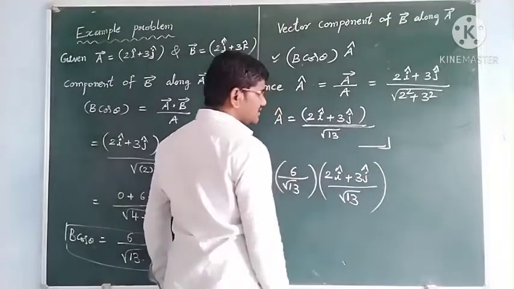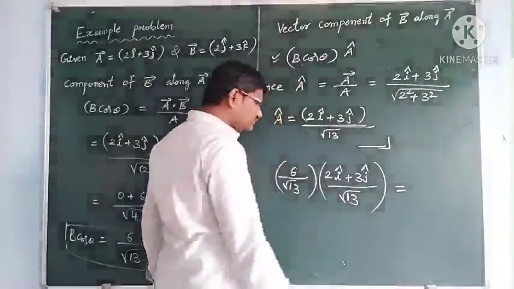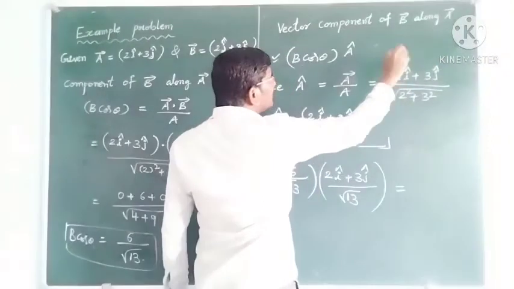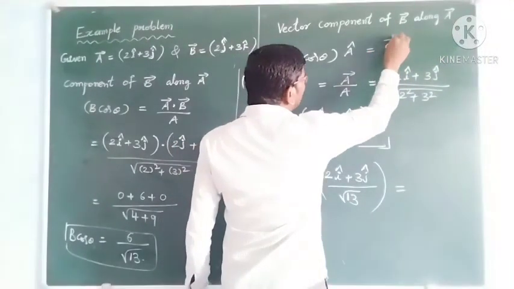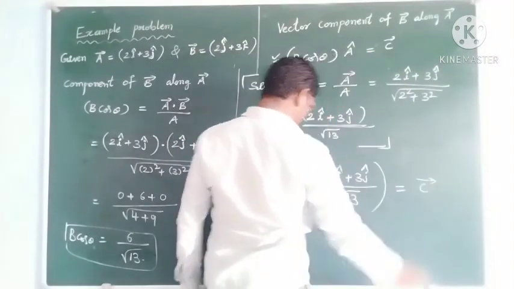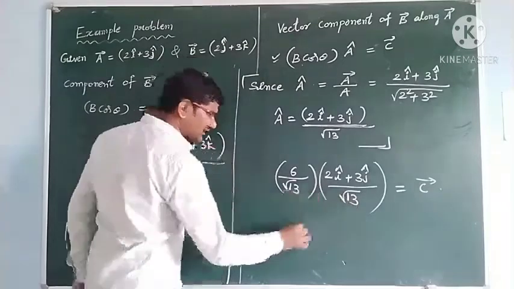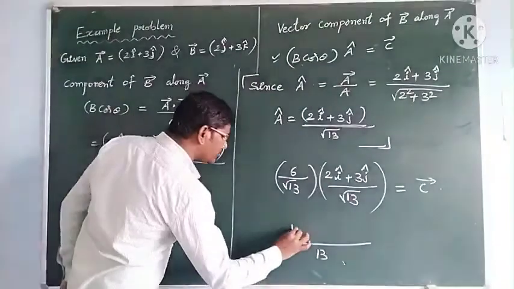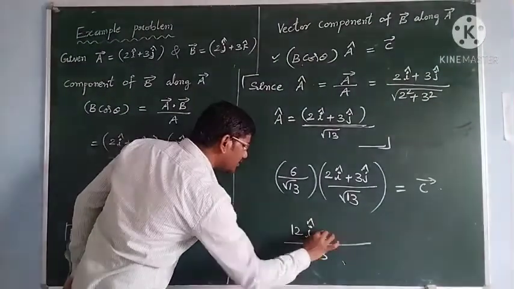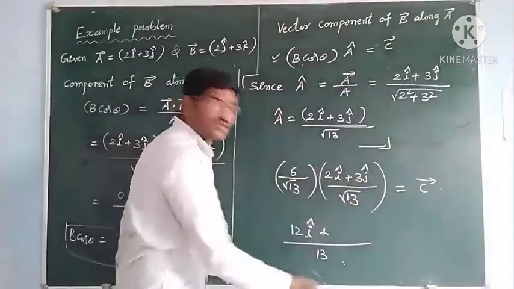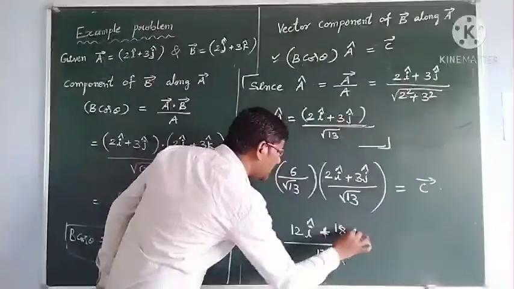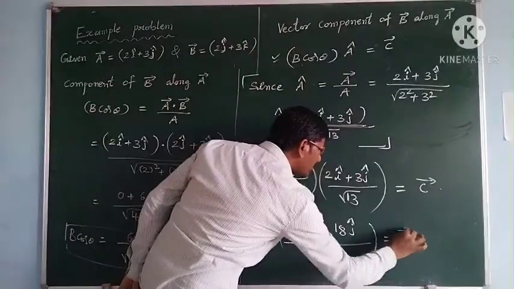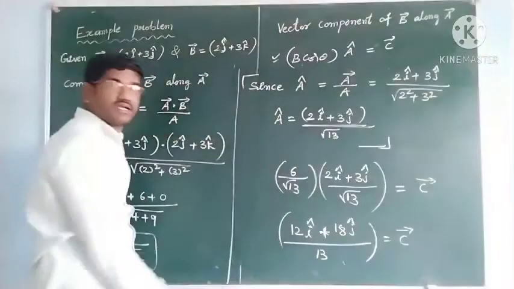This is the vector component of b bar along a bar, and if you denote it with the letter c bar, that c bar you got is this much. So root 13 into root 13 will become 13, and 6 into 2, 12, 12 into i cap plus 6 into 3, 18 j cap. So that is c bar, we got it.